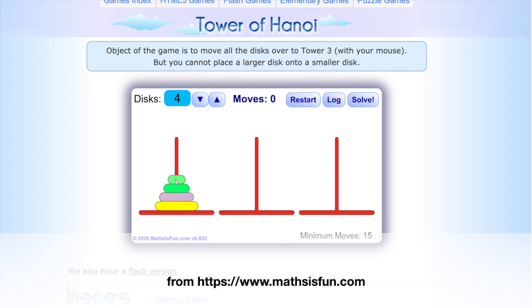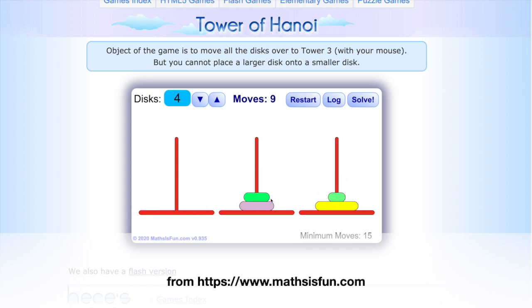So let's restart, and I'll put the little one in the middle this time, and then move the second smallest one, and then like that. Now I've got to move these back to the middle, so I have to put the little one over on the left, and then medium and the medium, like that. And now I can move the big disc. And now you can see we're actually reduced back down to the first demonstration I did. We're just trying to get these 3 over to the right, from the middle to the right versus from the left to the right. So it's basically going to be the same algorithm.